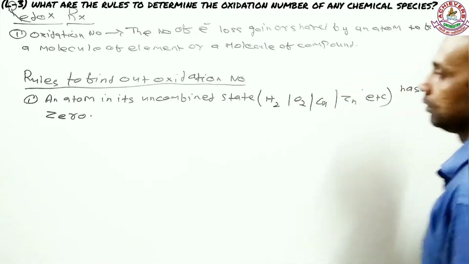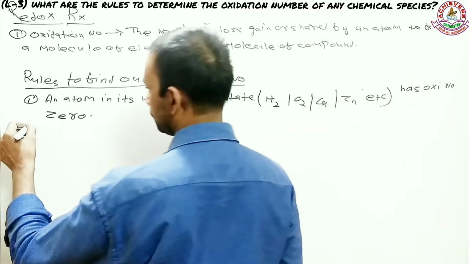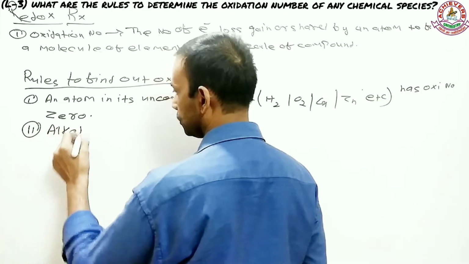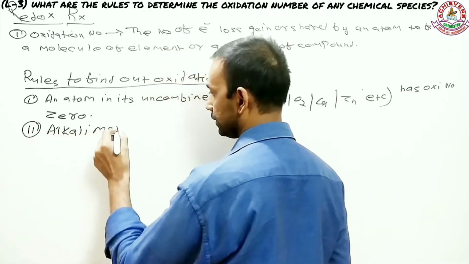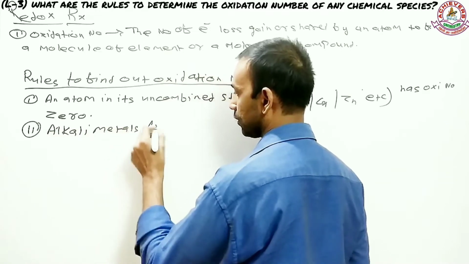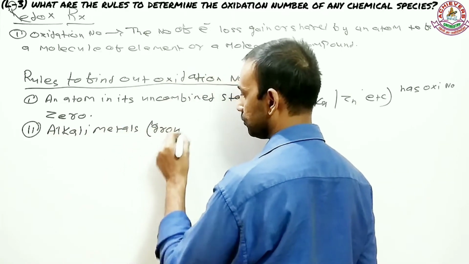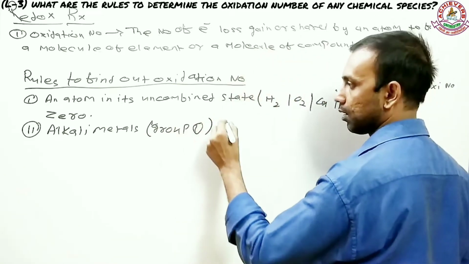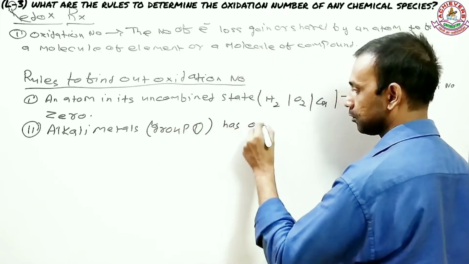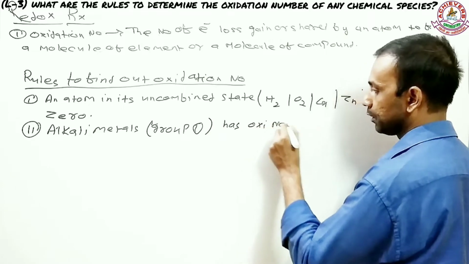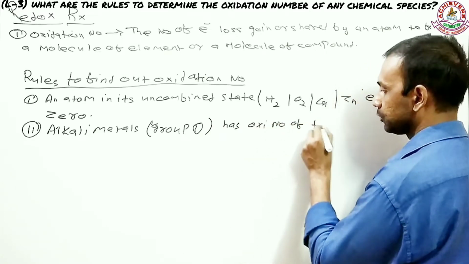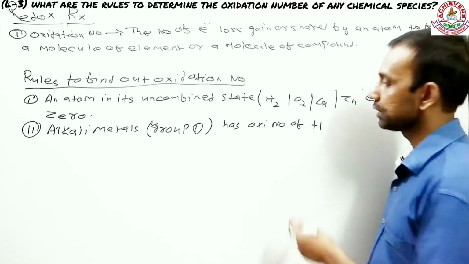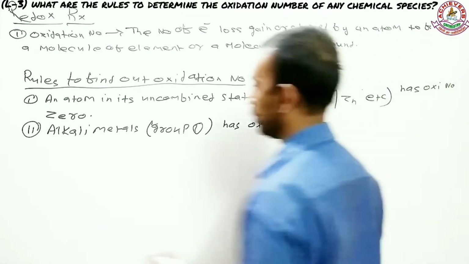The second rule says that alkali metals, which belong to group 1, have an oxidation number of +1, because they have one electron in their outermost shell.